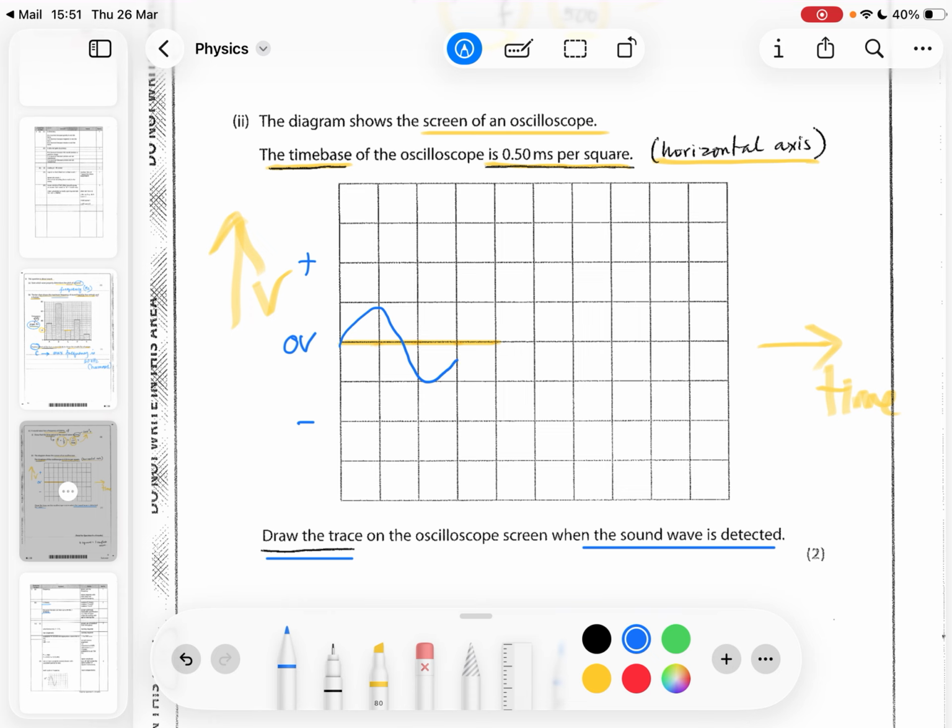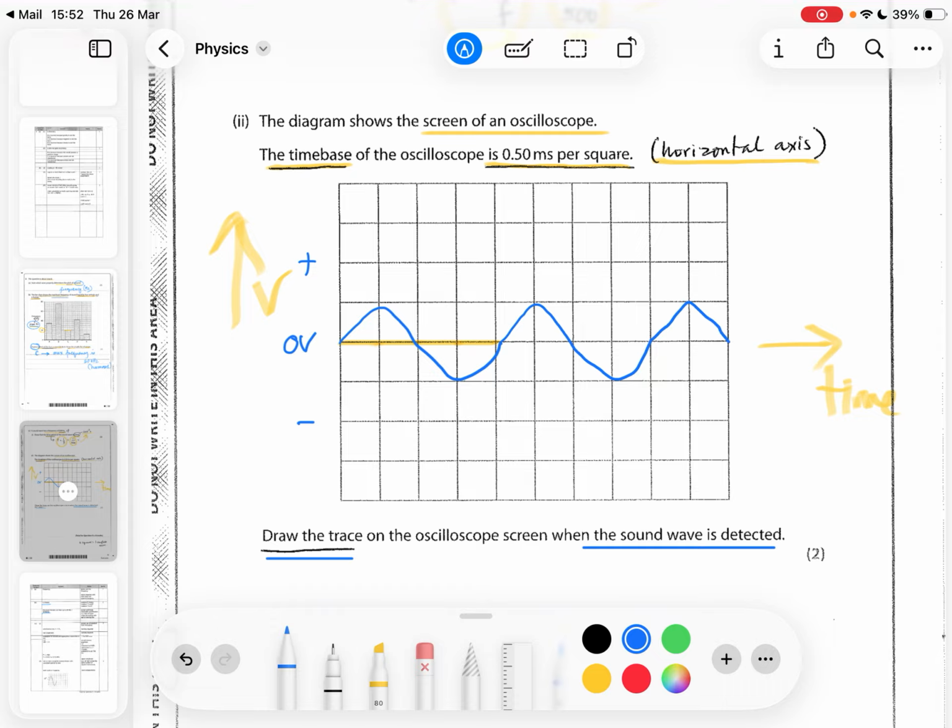being 4 squares. Have I drawn it wrong? The period should come up there, so let's get rid of that and draw it again. I want it to peak, 0, trough, full cycle, and then it would repeat that cycle. 1, 2, 3, 4.